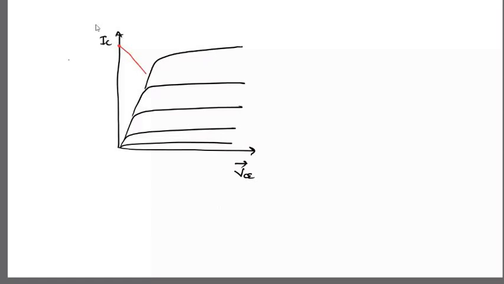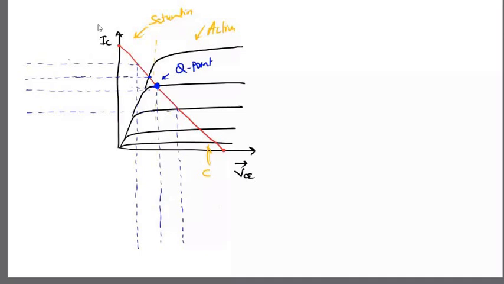But above this point, the transistor comes in the saturation region. So what will happen? The maximum peak will be clipped, because the transistor comes in the saturation region beyond this point.